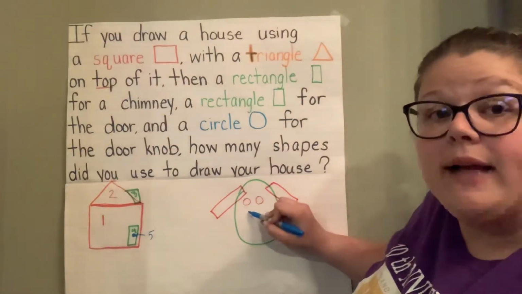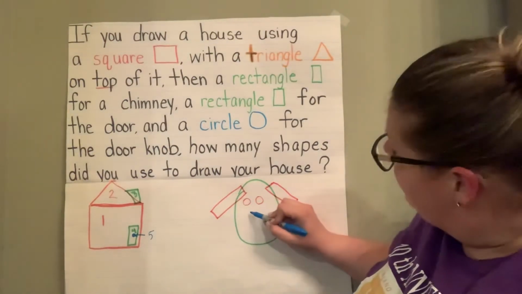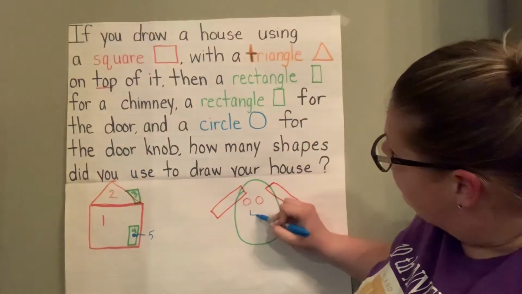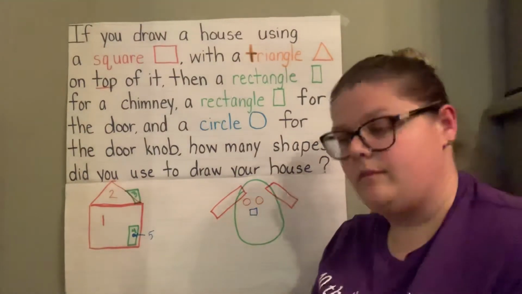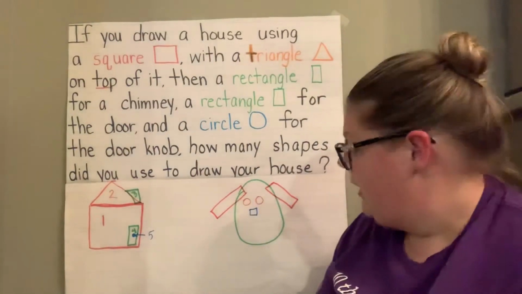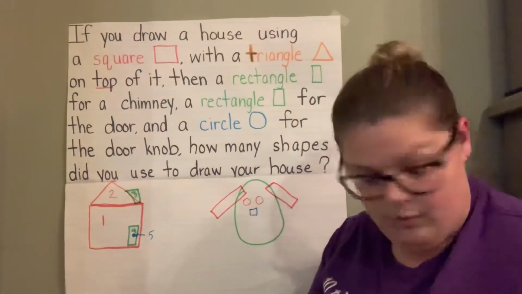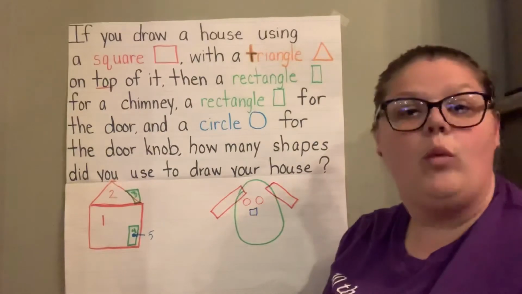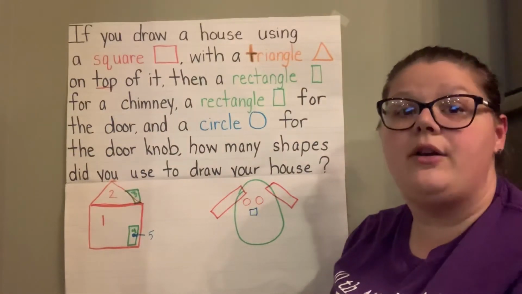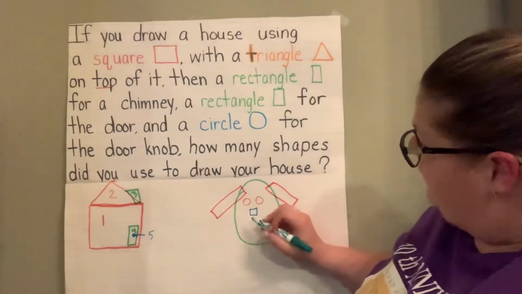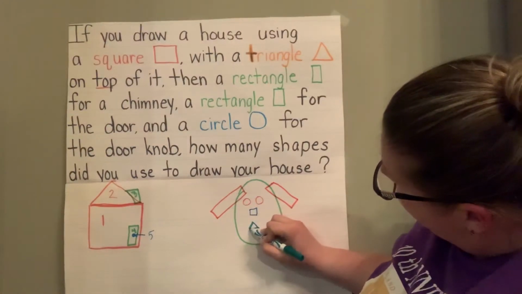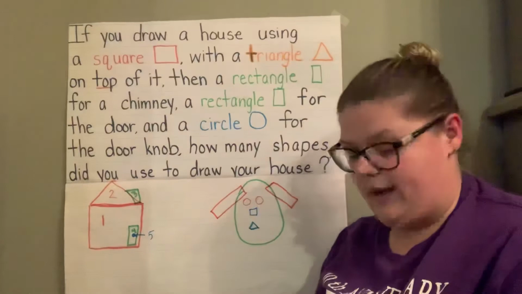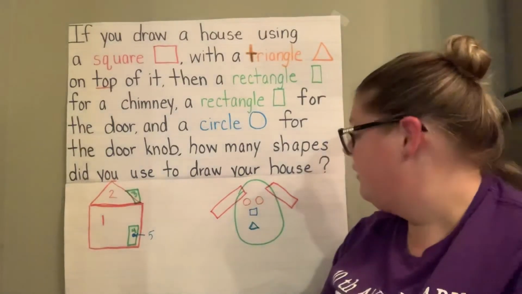Remember, a square has 4 sides that are all the same. So I'm going to draw my square for his nose. And my last shape will be 1 triangle under the square. One triangle under the square.